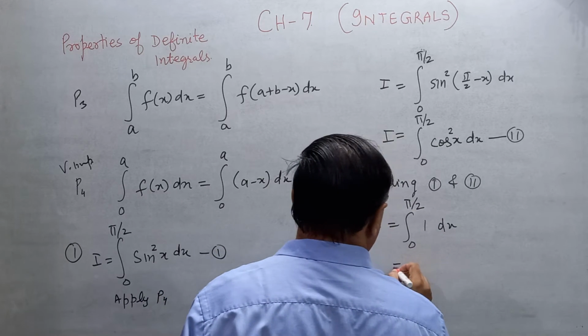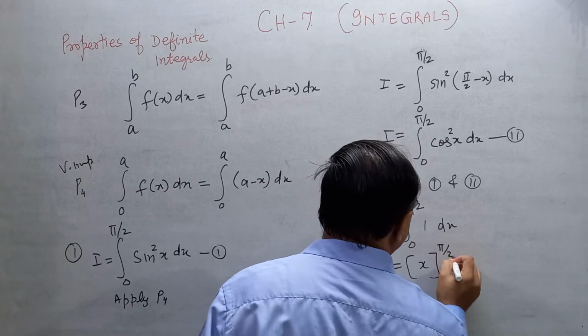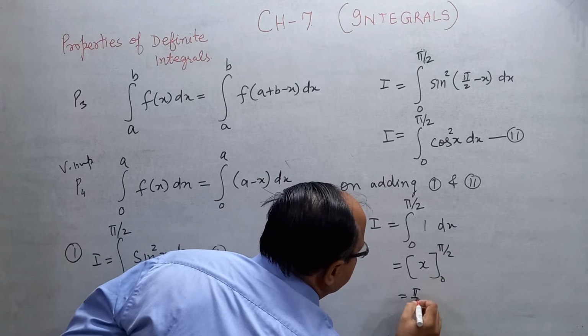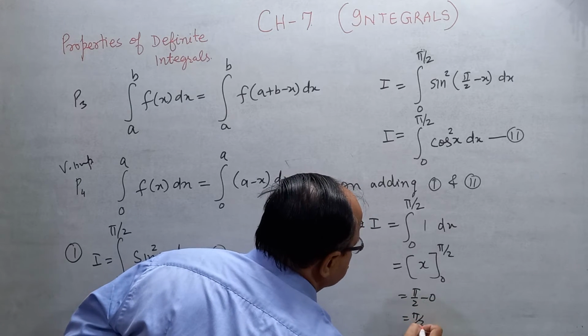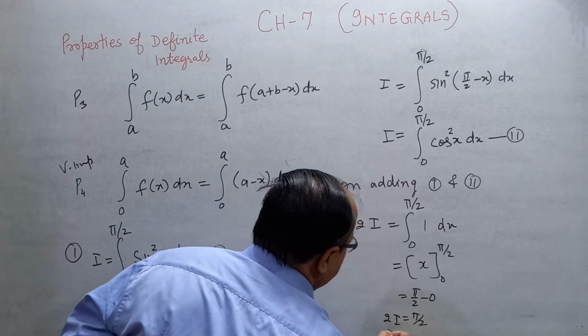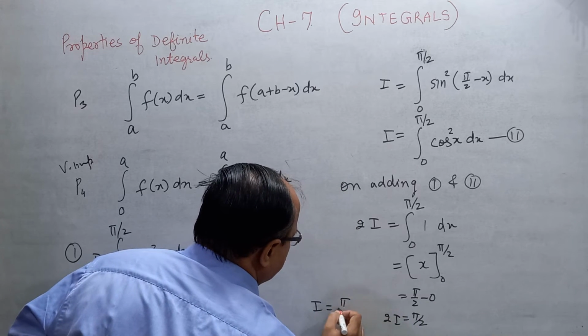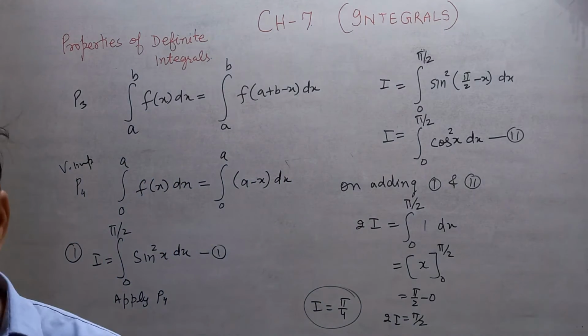And integration of 1, you know, is x. Therefore, pi by 2 minus 0, it means pi by 2. Therefore, 2I equals pi by 2, so I is equal to pi by 4. This is the answer of this question.